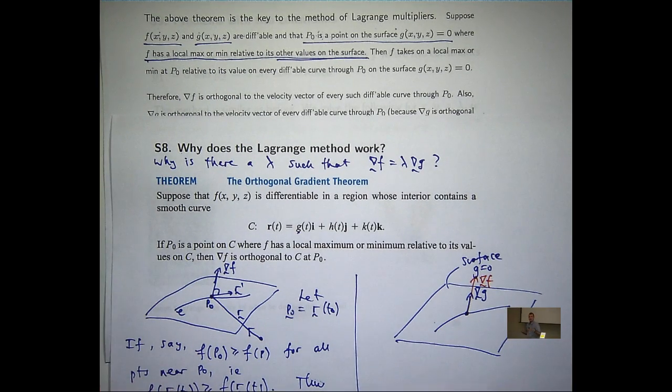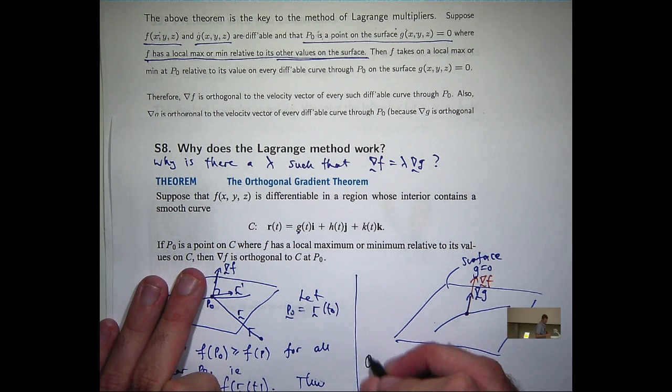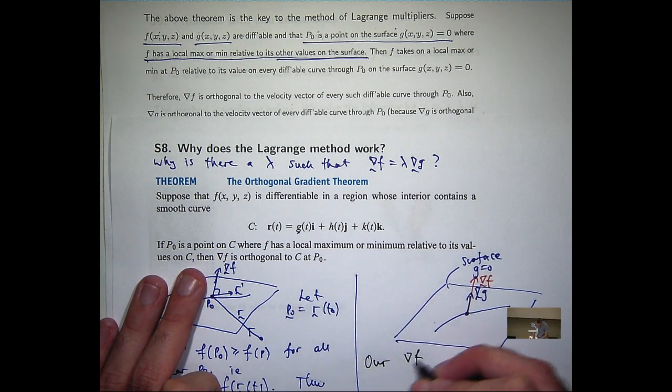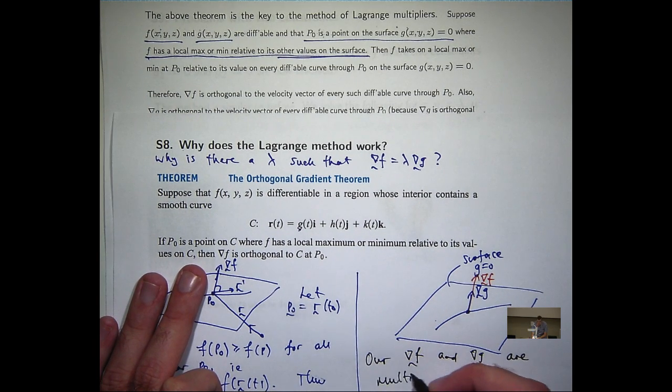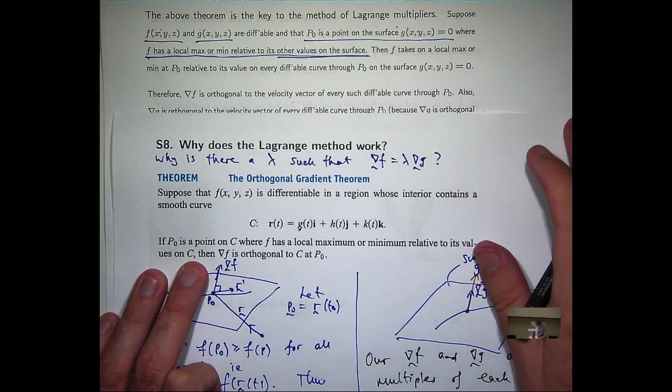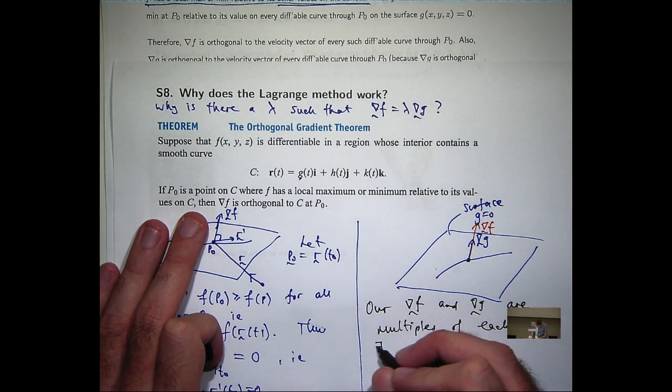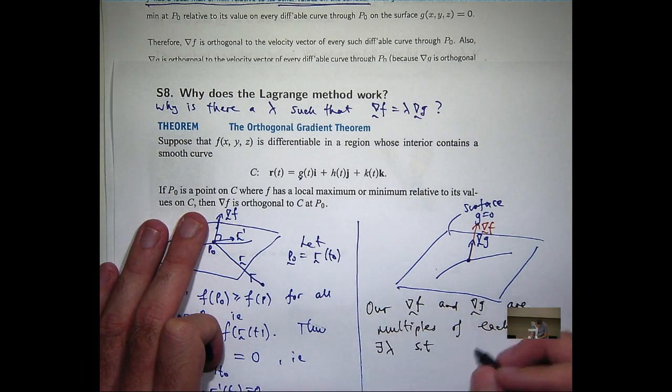So there must exist a lambda such that grad f equals lambda grad g.